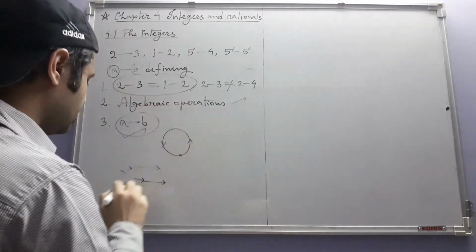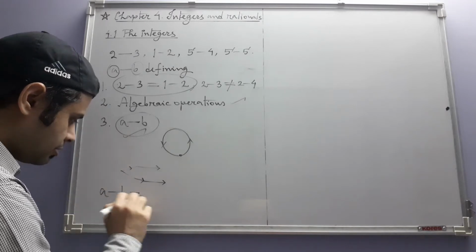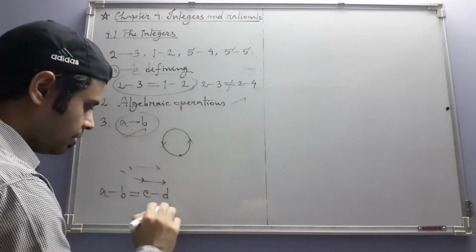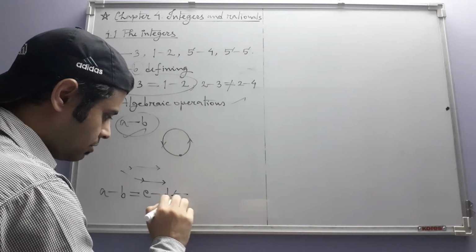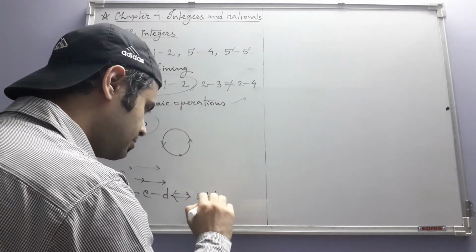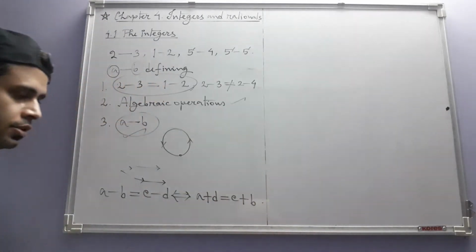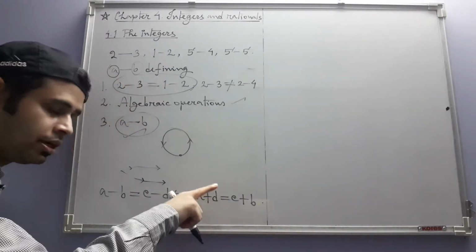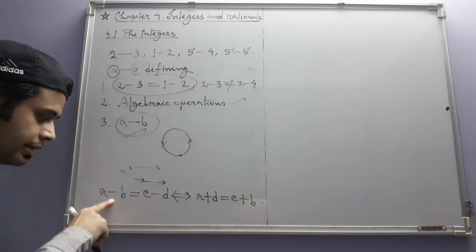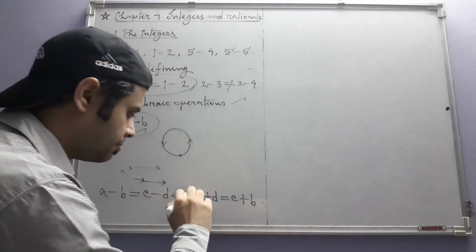We will say that two differences a minus b and c minus d are equal when and only when a plus d is equal to c plus b.